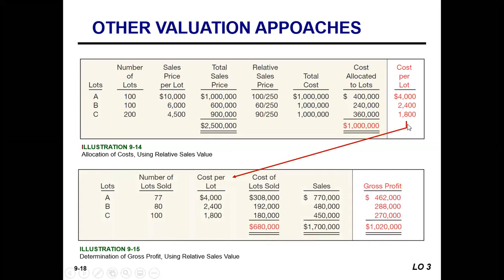So then to get the cost per lot, we're just taking the cost allocated to the lots divided by the number of lots, right? That gives us the cost per lot.